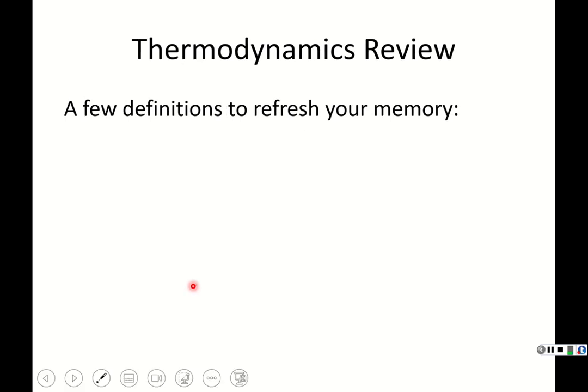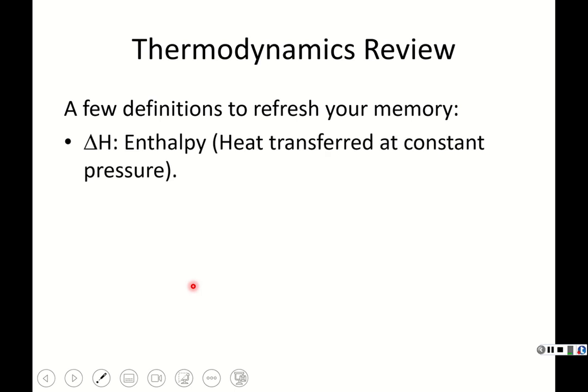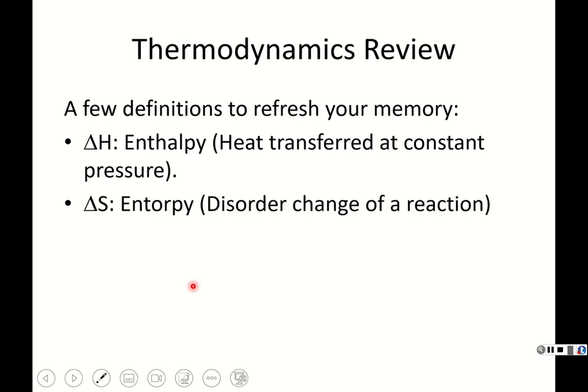Okay, let's quickly review some thermodynamics. Hopefully you remember most of these. Delta H, that's enthalpy. Usually in chemistry, enthalpy is just an estimation of the heat that's being transferred in a reaction. Delta S is entropy, and this is an estimation of the disorder or randomness of a system.